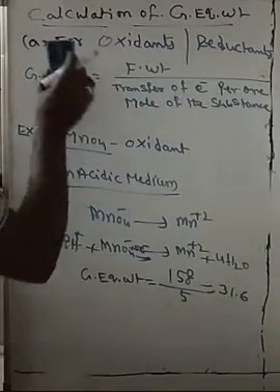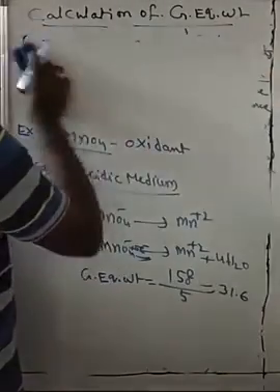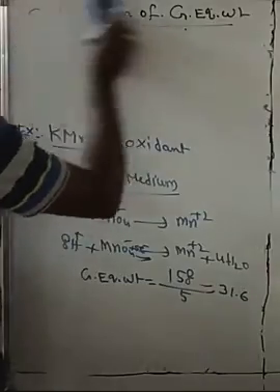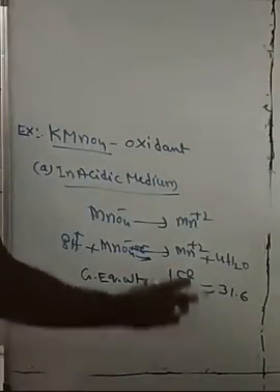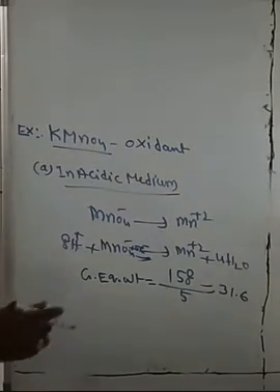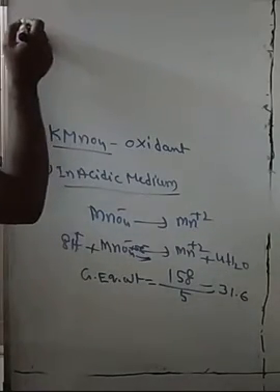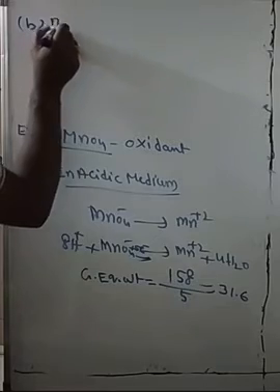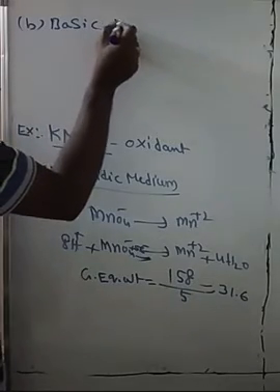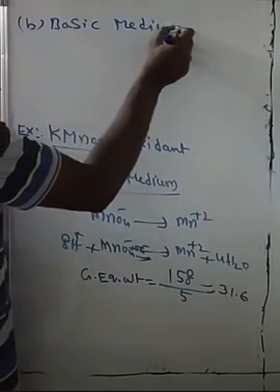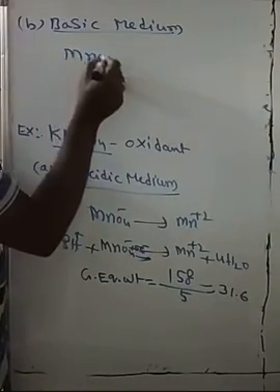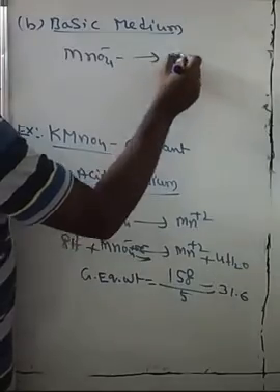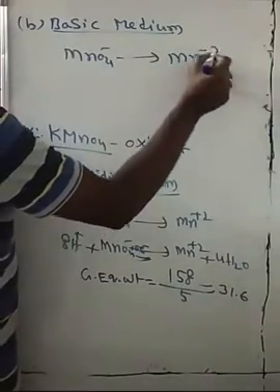Now, like that, in basic medium, what happens? In basic medium, permanganate ion MnO4 minus is converted into MnO4 minus 2.